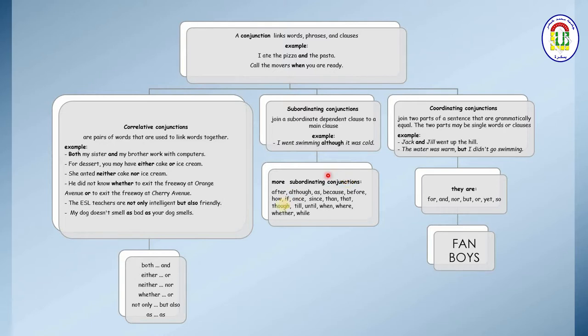We have after, although, as, because, before, how, if, once, since, then, that, though, till, until, when, where, whether, and while. You may notice that we can find some that are already used elsewhere. For example, as, with another as in the correlative conjunctions.